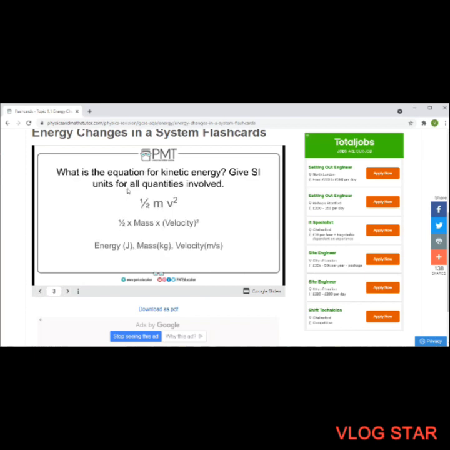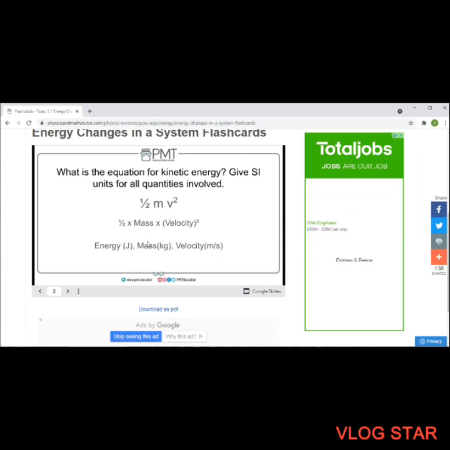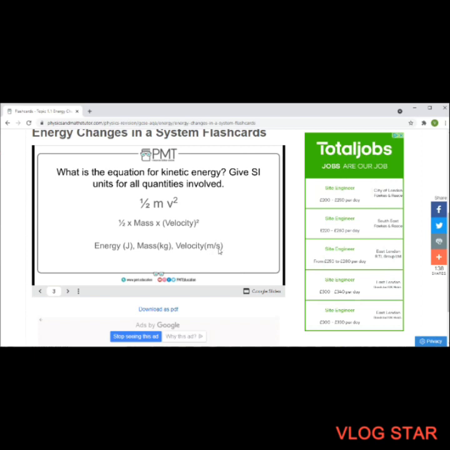So if you're asked to calculate the kinetic energy of a mass of 50 kilogram moving at a velocity of 5 meters per second, how do you solve it? The SI unit is joules. Energy is in joule, the mass is in kilogram and velocity is in meter per second.